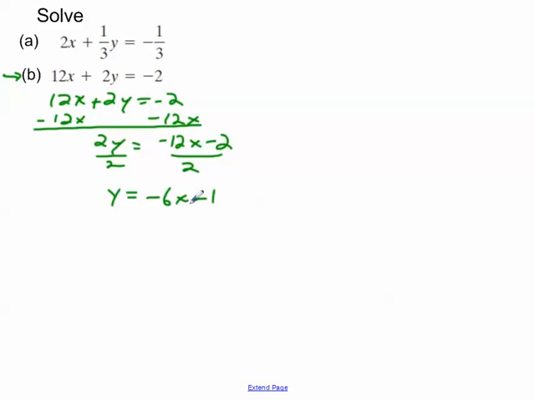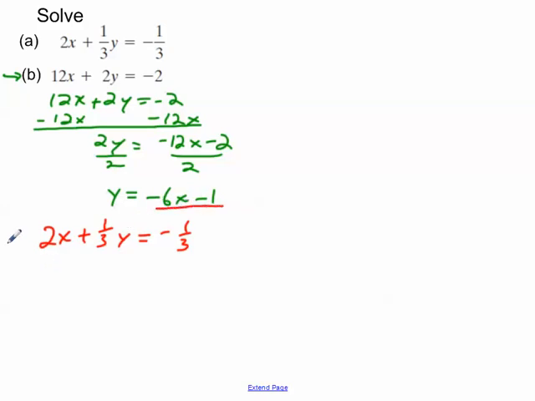And we take that value for y and we substitute it into equation a. So we start by writing a down: 2x plus 1/3 y equals negative 1/3. All I'm doing is copying this right down here. So I can now substitute this in for y right there.